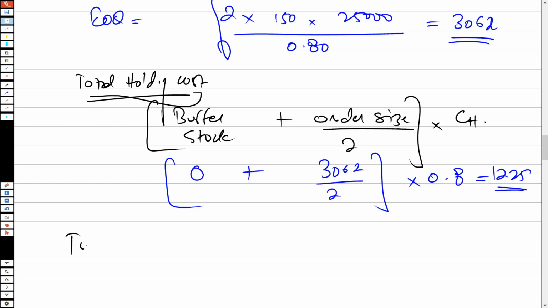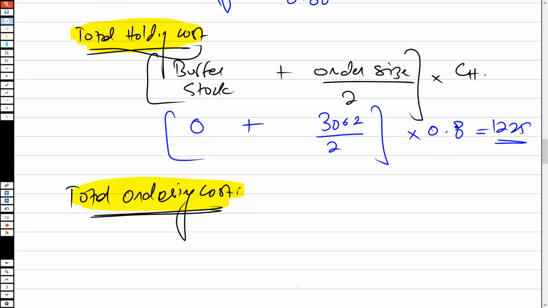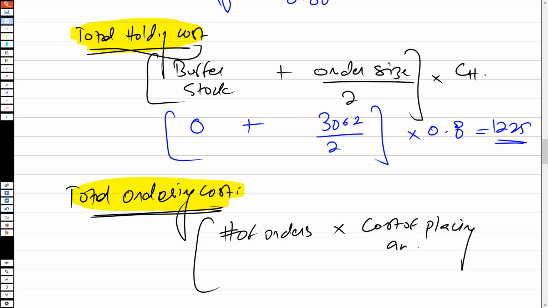Similarly, if I talk about the total ordering cost, it is going to be the number of orders multiplied by the cost of placing an order.